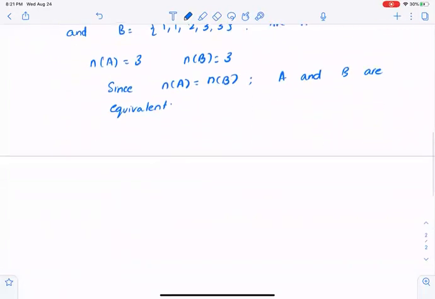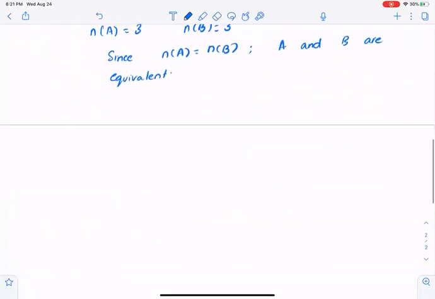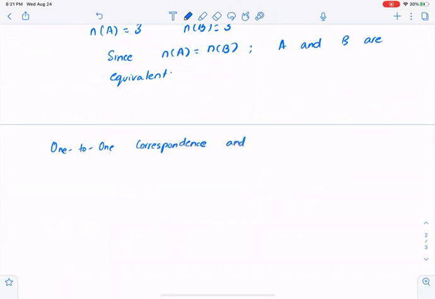Here is another important concept. So what is one-to-one correspondence?